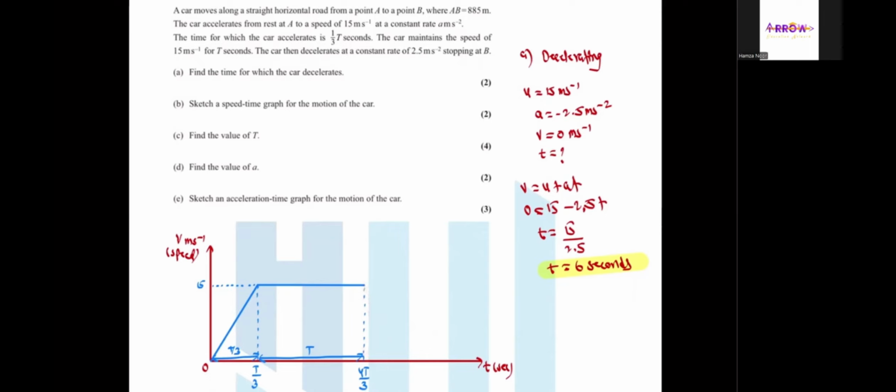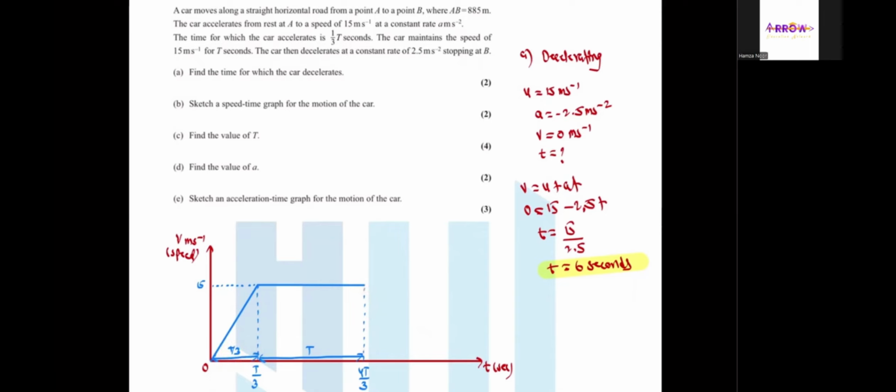Now if we assume that the acceleration stage has a time of less than 6 seconds, then this last stage of the journey would be a flatter line. This last stage would be flatter if you assume that this t over 3 value is below 6.